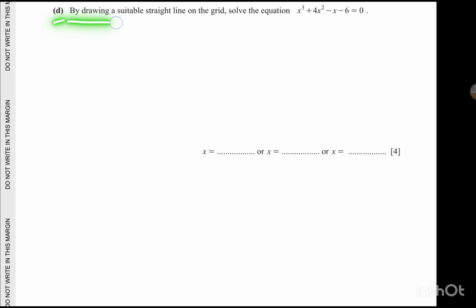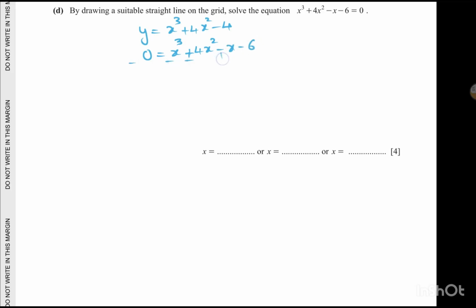Question D. By drawing a suitable straight line on the grid, solve the equation x cube plus 4x square minus x minus 6 is equal to 0. So this is the given equation here, and we need to use the graph also. The graph equation is y is equal to x cube plus 4x square minus 4, and the equation to be solved is 0 is equal to x cube plus 4x square minus x minus 6.